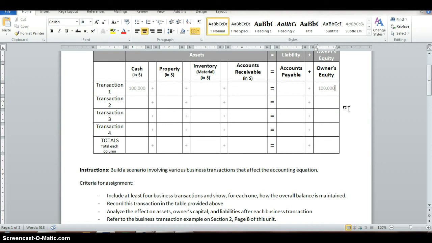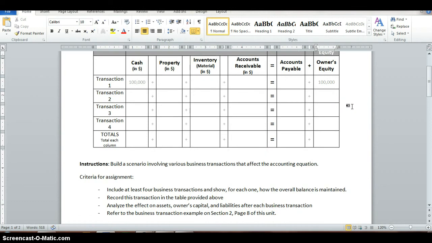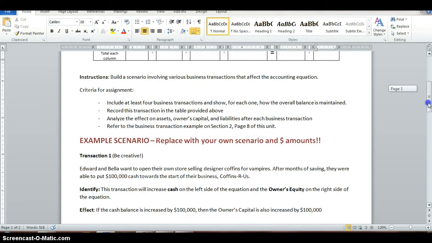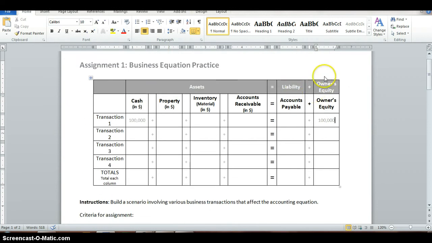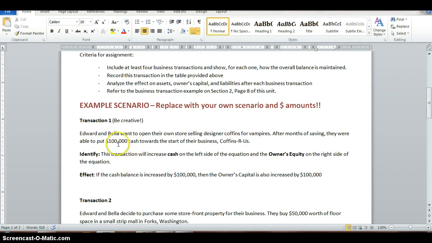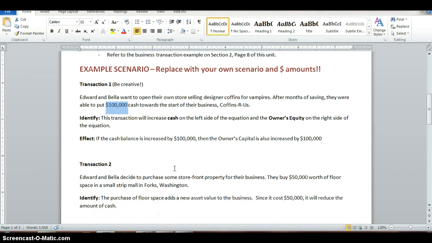This $100,000 came out of maybe their personal savings account, so it's not being taken out of business cash, because we're just looking at our business transactions. In this first scenario, we're investing $100,000 of our personal cash into the business, so that's why they both increase.